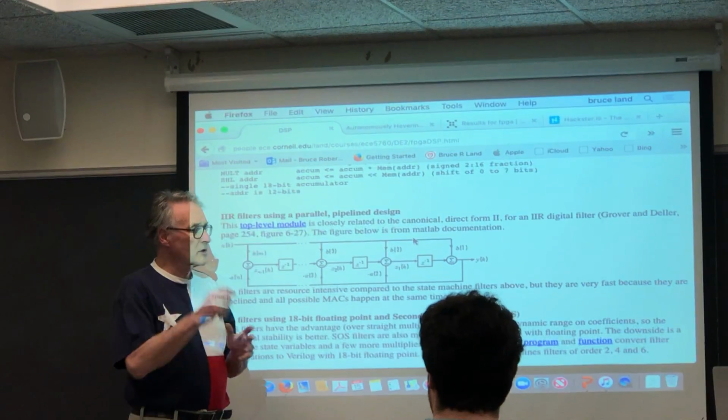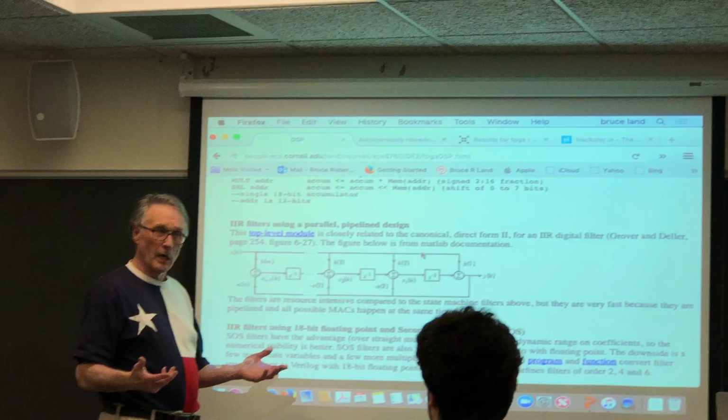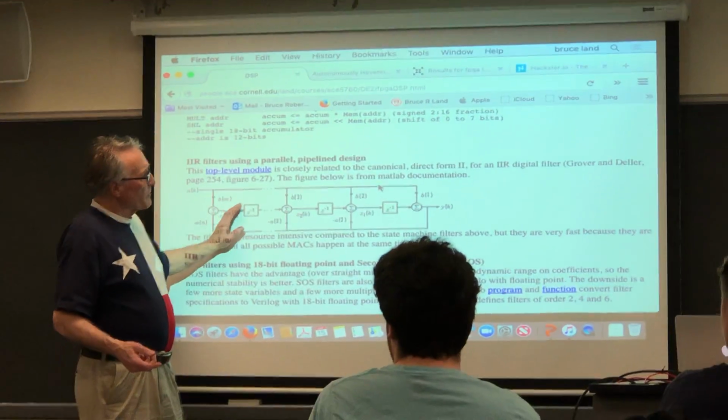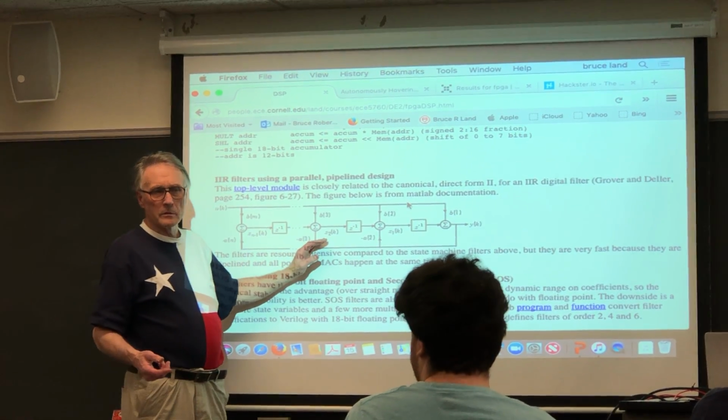But that's gross overkill for audio, because nothing changes faster than 48 kilohertz. So using a parallel structure like this, in some sense, is just a waste of multipliers.